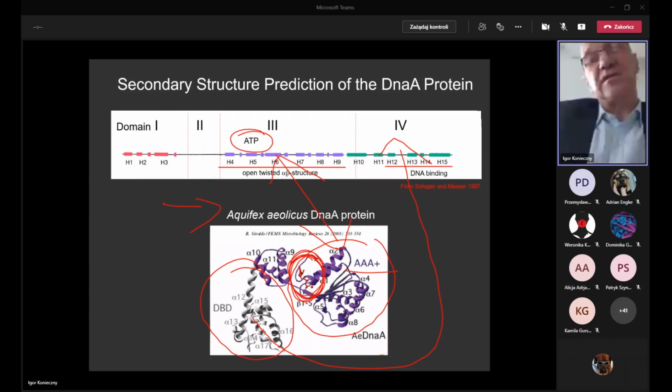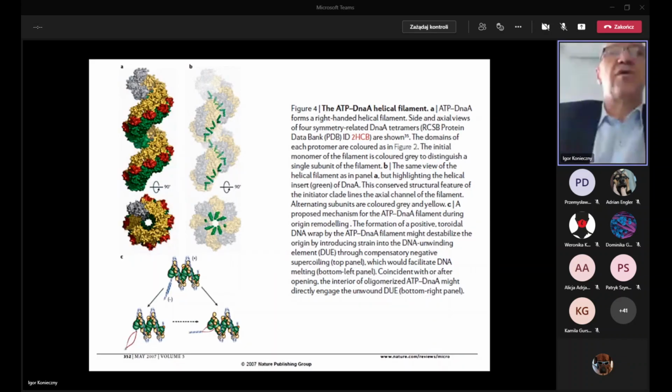But this is just the monomer of the DnaA protein, and the question was how it works, and why we have so many DnaA boxes in the replication origins. And it was very many years, I mean, maybe not that many, but still you will see some misconceptions and discussions about the structure of the DnaA protein.